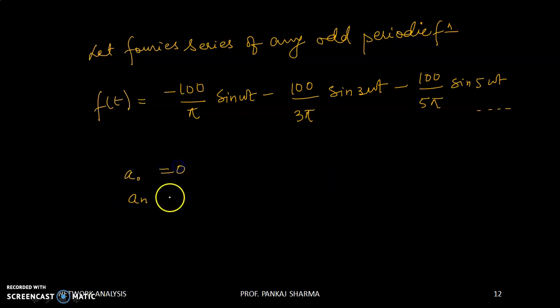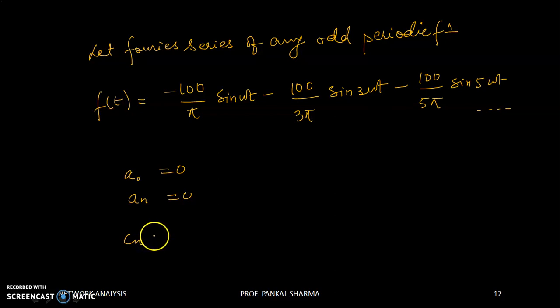This is also 0 and this is also 0. I'm repeating it once again: in this series, there are only odd harmonics with sine terms only, and the average value A0 and an are equal to 0 here.